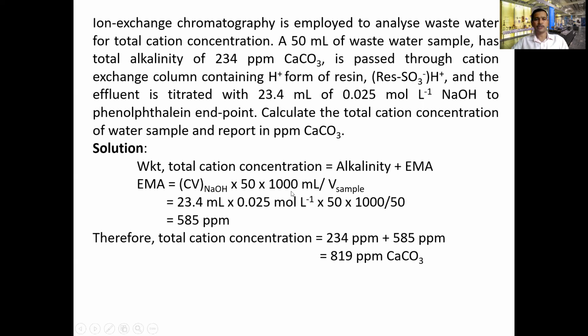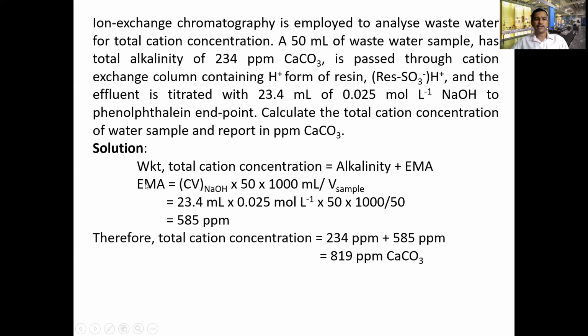So the effluent is having H plus ion, which reacts with carbonate, hydroxide or bicarbonate. All these bases are neutralized. To what extent are these bases present? 234 ppm, so they have directly given. So first you calculate the equivalent mineral acidity, then add that with alkalinity, and you will get the total cation concentration.